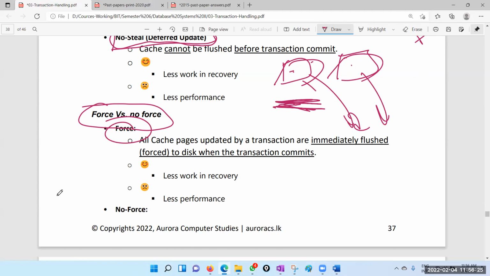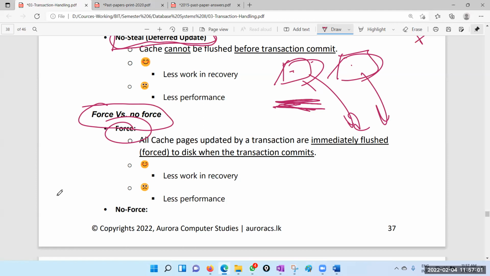Again, it's less performing. Why? Every time a transaction commits, you have to do a disk flush. You can't just do it at your regular time or when you have the resources. So forcing is not resource efficient, because it forces the database management system to do additional tasks. Every time a commit is done, you have to do flushing.